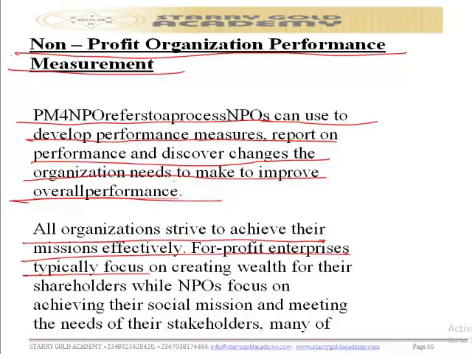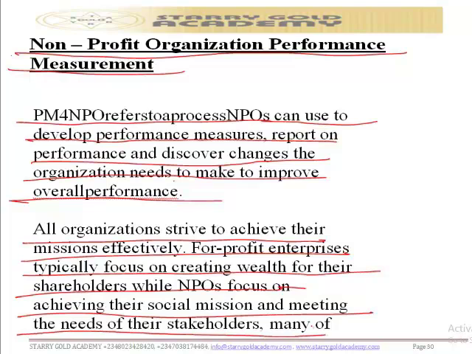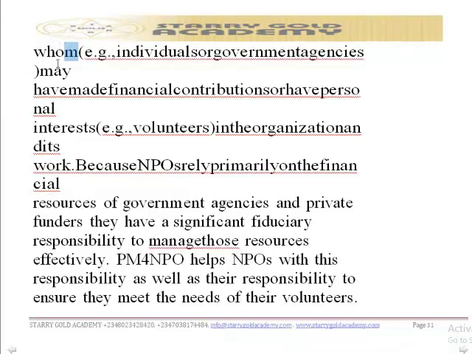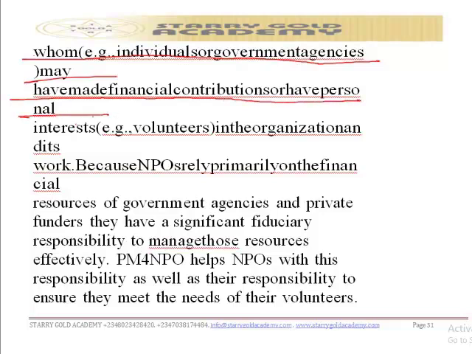For-profit enterprises typically focus on creating wealth for their shareholders, while non-profit organizations focus on achieving their social mission and meeting the needs of their stakeholders, many of whom are individuals and government agencies who may have made financial contributions or have personal interest in the organization and its work.